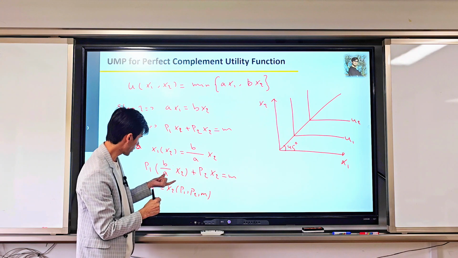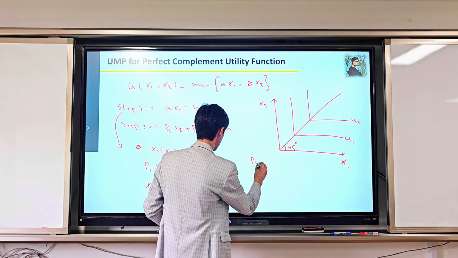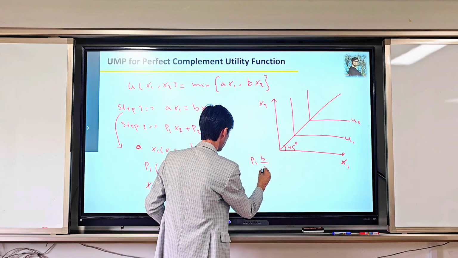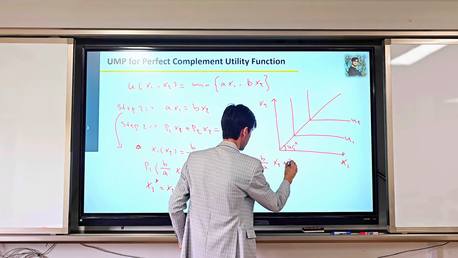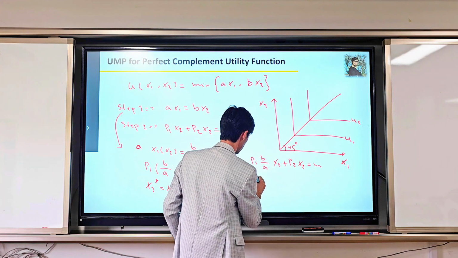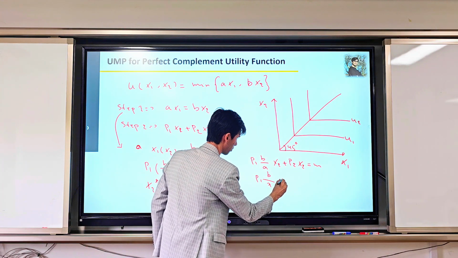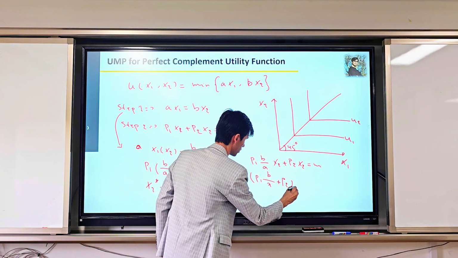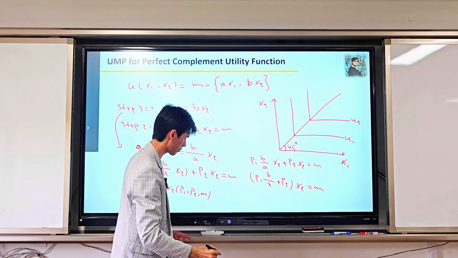So now let's do that. We will have p1 b over a x2 plus p2 x2 is equal to m. So p1 b over a plus p2, times x2, is equal to m.